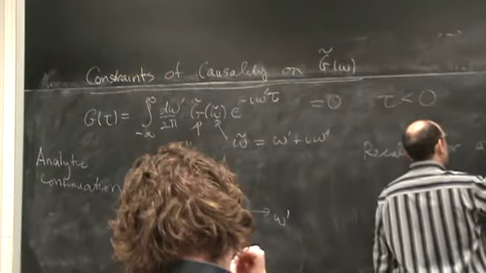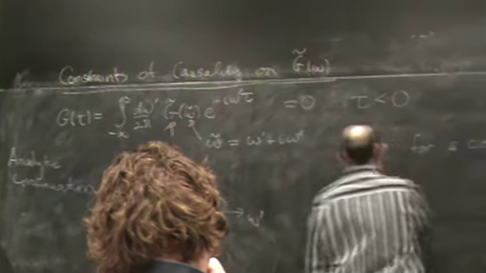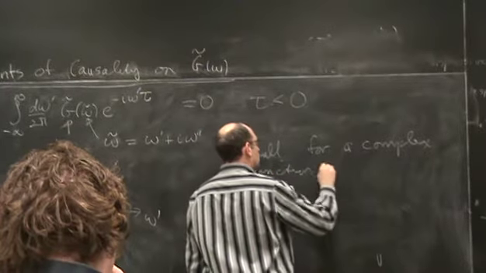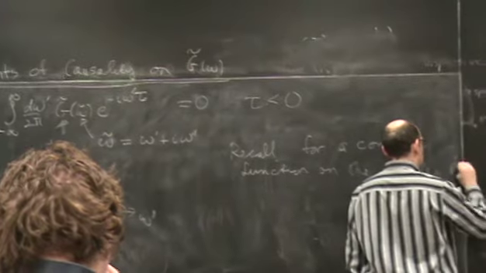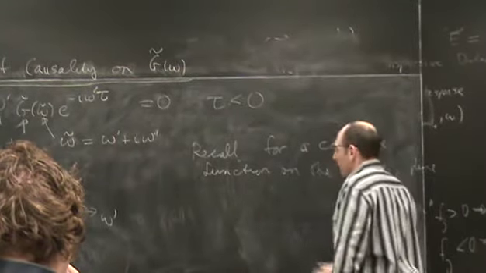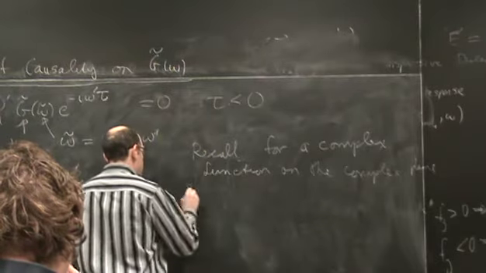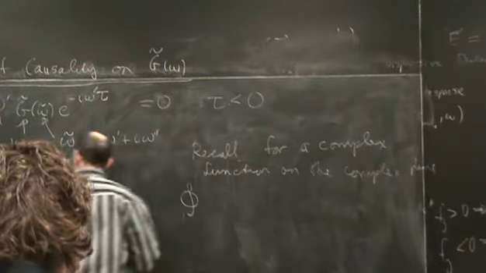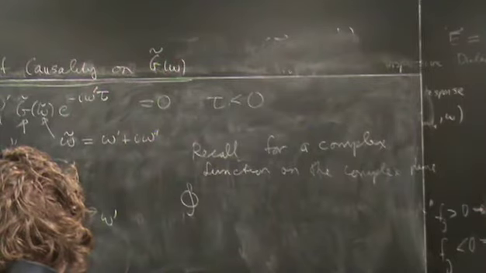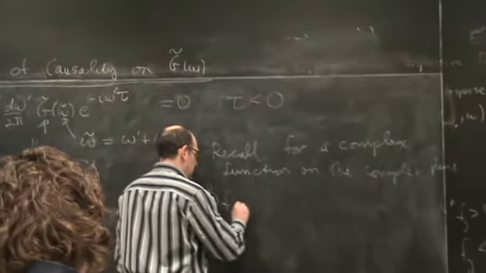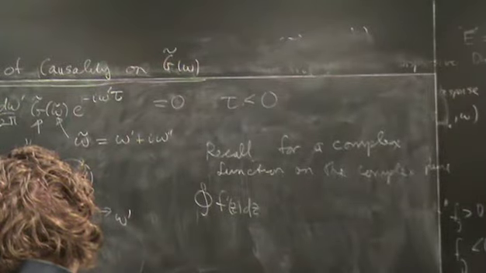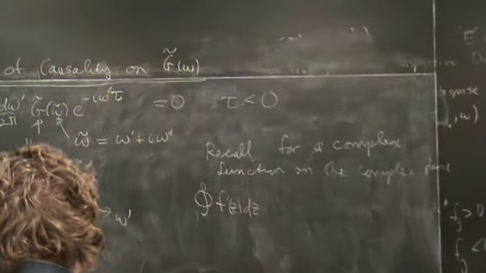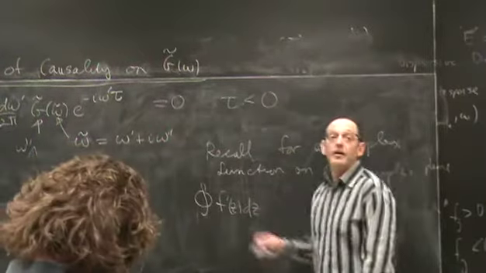Now, recall, for a complex function on the complex plane, if I look at an integral along any contour in the complex plane, if I have a closed contour, that integral is 0, unless there are so-called residues of the function.